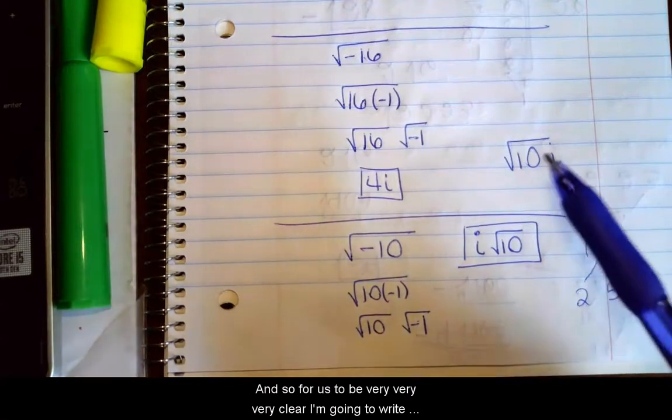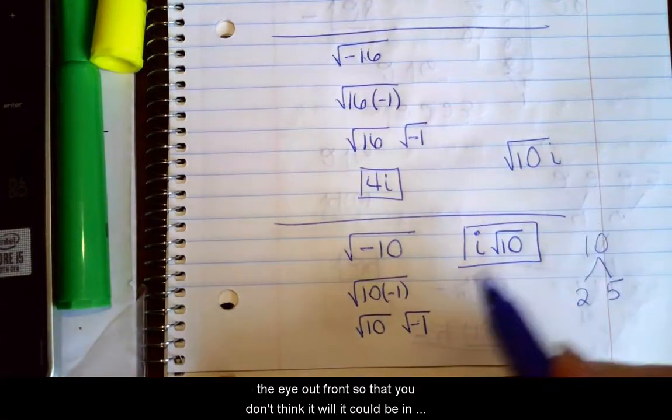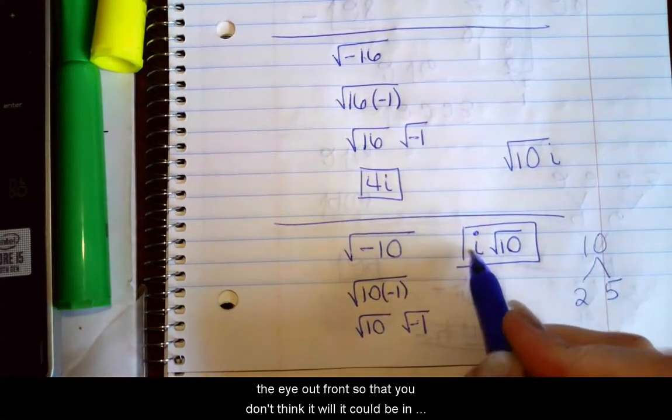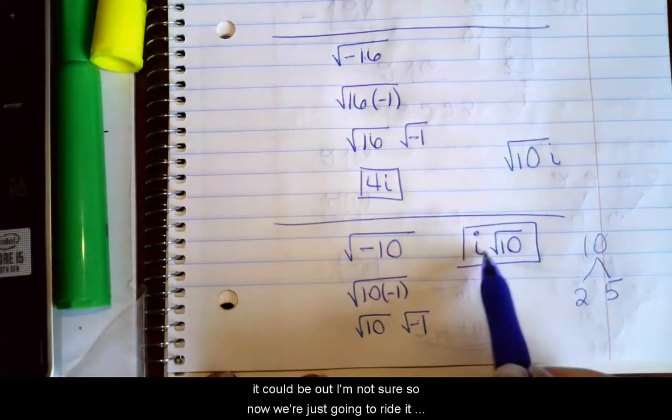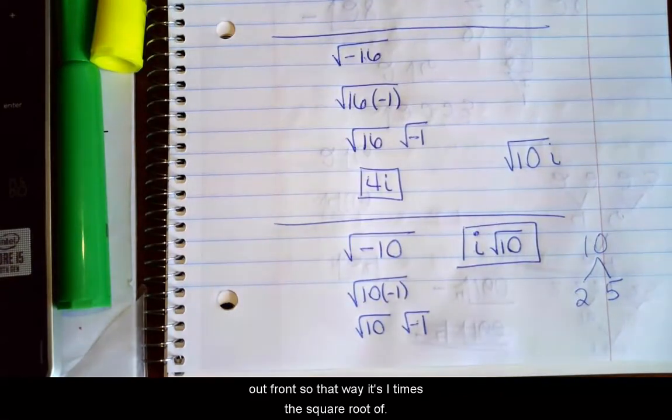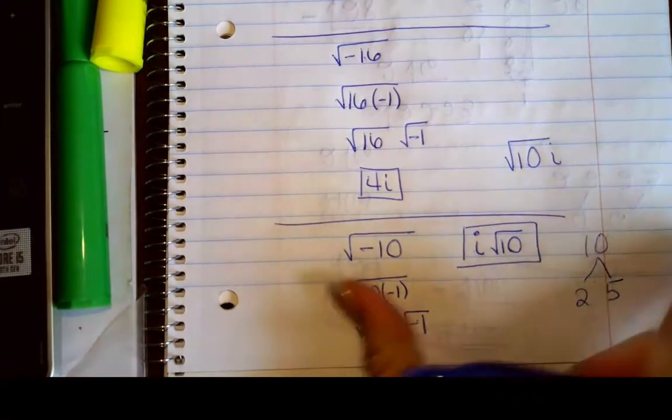For us to be very, very clear, I'm going to write the i out front so that you don't think, well, it could be in, it could be out, I'm not sure. So that way it's i times the square root of 10.